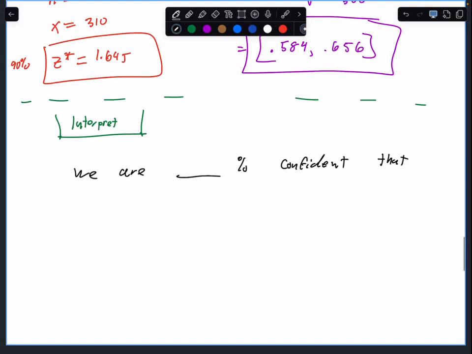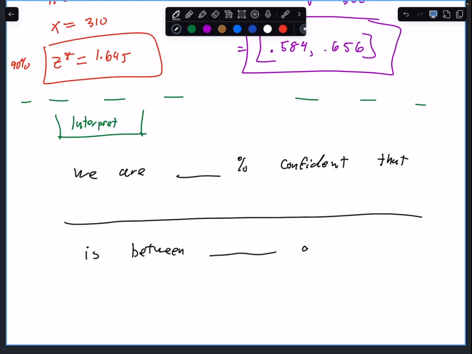That blank is between blank and blank. All right, what percent confidence are we? 90.